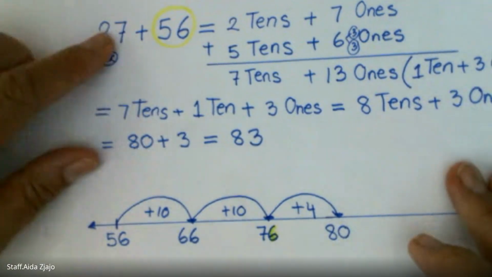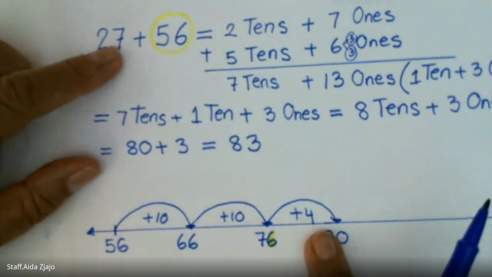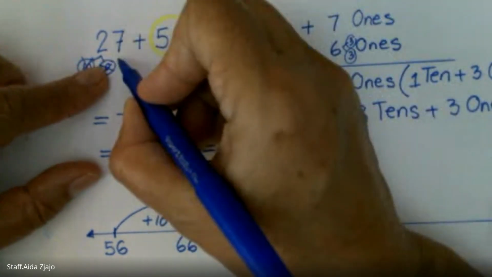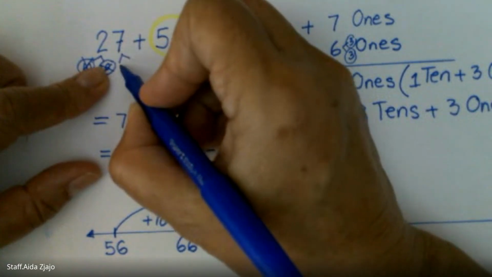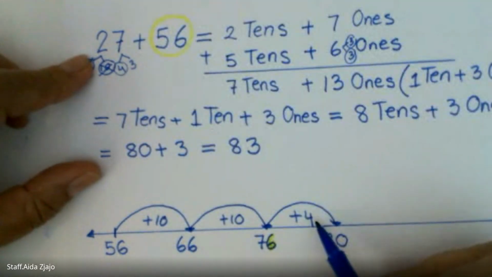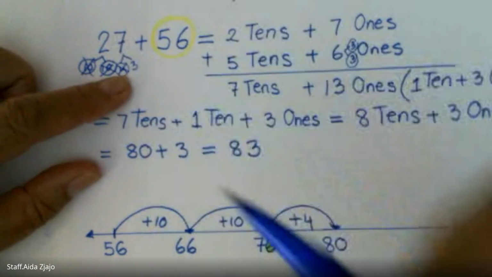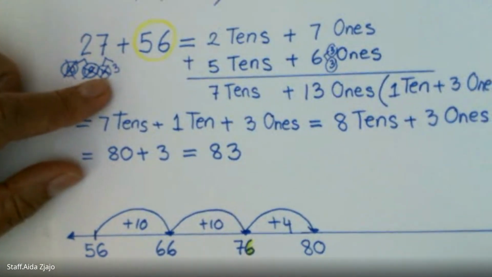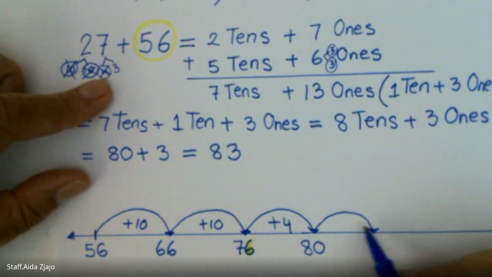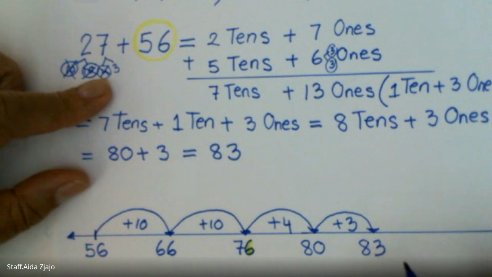And because I already took 4 from 7, I can decompose this 7 into that 4 and 3. I add 4, so now it's only 3 left to be added. So I only need to add 3 more. And my answer would be 80 plus 3 is 83.